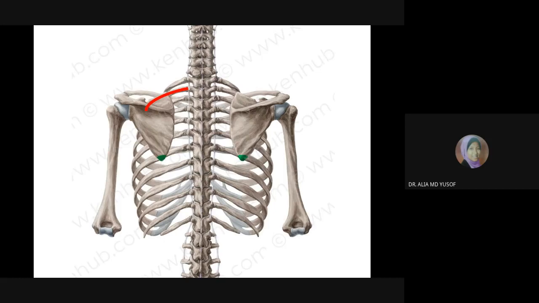Okay. So, begitu juga dengan scapula. You can palpate. Actually, you can palpate at your back now. Kalau you jenis yang BMI not that obese kan, then you boleh palpate for your own scapula. Kat mana kita nak palpate? The scapula actually, the superior border of scapula starts at the second rib.